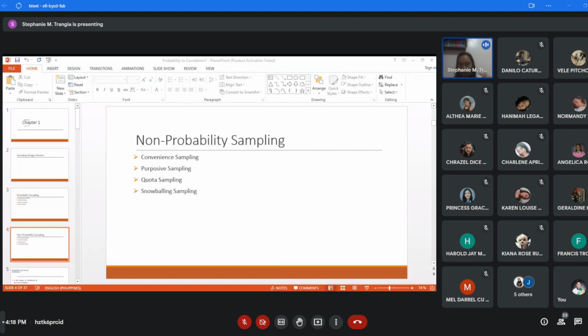That's convenience sampling. Suppose you only use your telephone, asking any person you can contact as your respondents. That's convenience sampling. Or you go out distributing leaflets or questionnaires to anyone you meet. That is convenience sampling. It involves a lot of errors in the summarization of your data. That's a problem with convenience sampling.